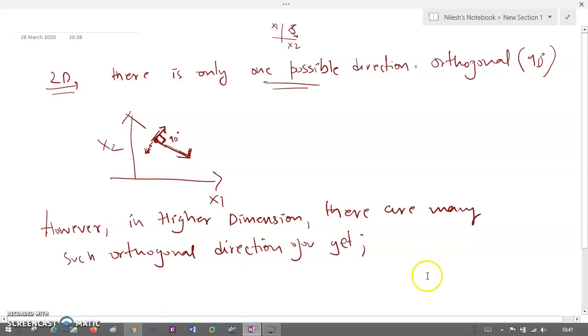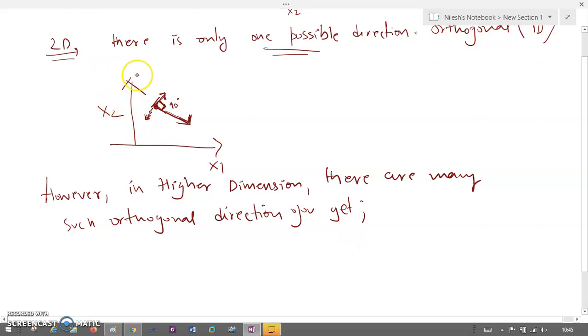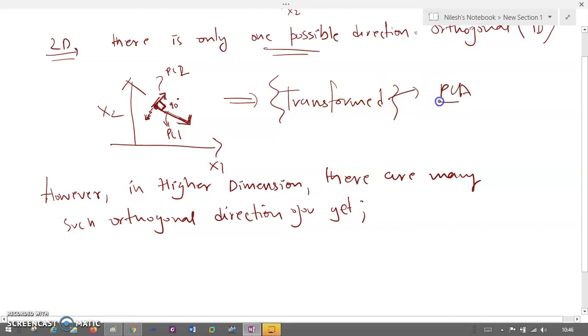Okay, and so after getting these two principal components, PC1 and PC2, the next step is to transform it, and this is the work of actual PCA.